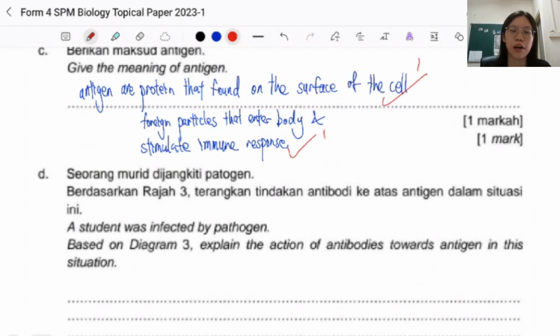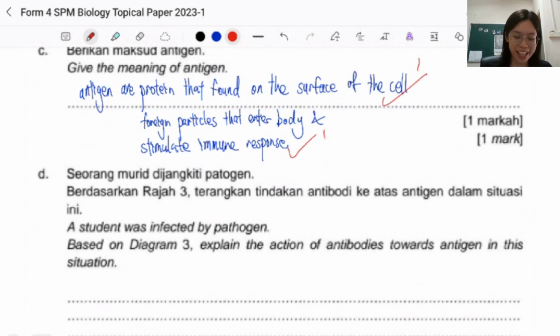Our own body cells also have our own antigen, but it won't stimulate the immune response, or else it would cause autoimmune disease. But don't learn too much detail, you'll complicate yourself. Just learn what SPM requires.